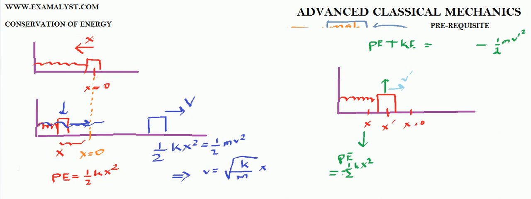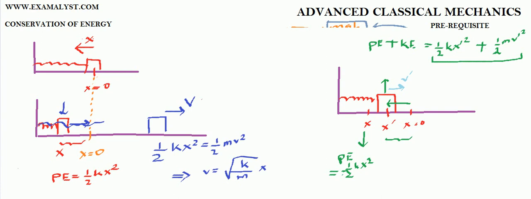Now you will be asked what is the potential energy. At this point, what is the value of the stretching? It is x dash. So from equilibrium, the spring has been stretched by a distance x dash. So potential energy is half k x dash square. So here we have both kinetic and potential energy because the spring and the mass have not completely got detached.